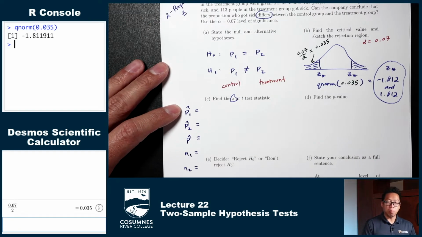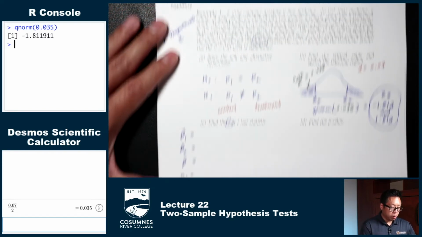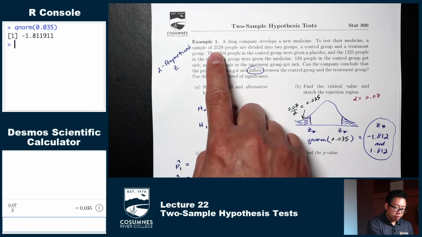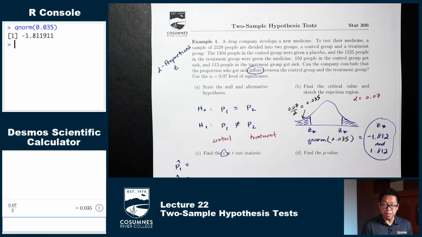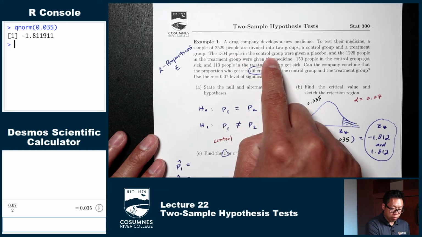P1 hat is the proportion from our sample, and in particular, the sample that goes with 1. So proportion from the control sample. So the control sample, how many people total? It's not 2529, so 2529 is the total number of people of both groups together. That's not what I want. 1304 people in the control group. That's what I want.